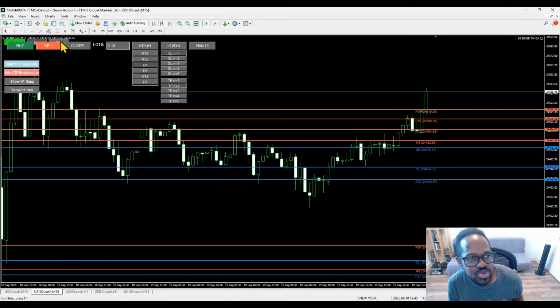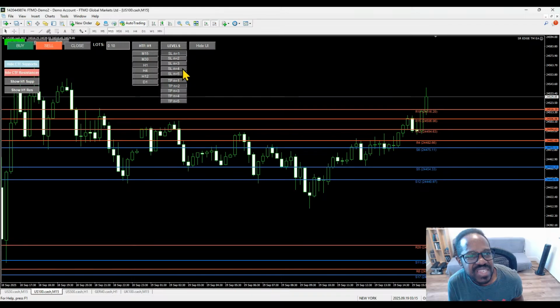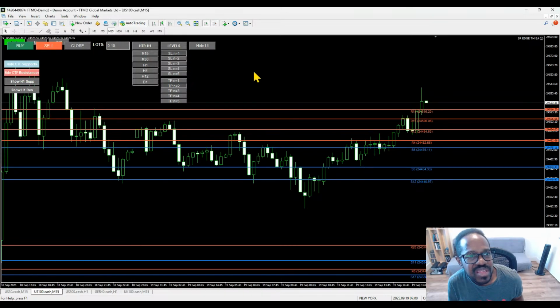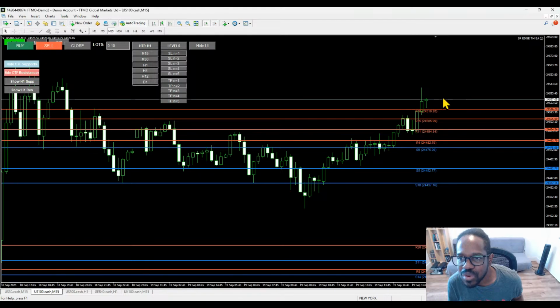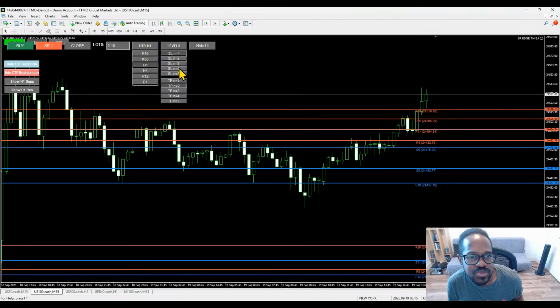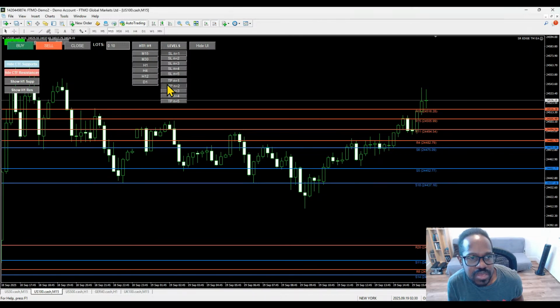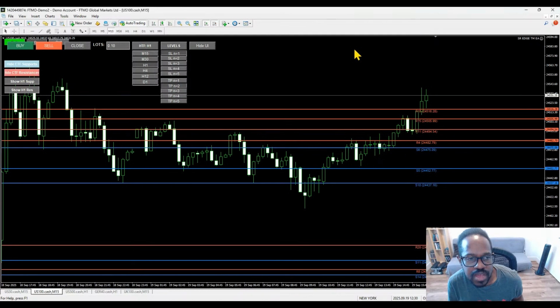Let's say you're entering a trade. Right now it's at SL1, which means the stop loss will be put one level below if I'm looking for a buy, after the entry. And the TP is right now at 2, so that means the TP will be placed two levels above.